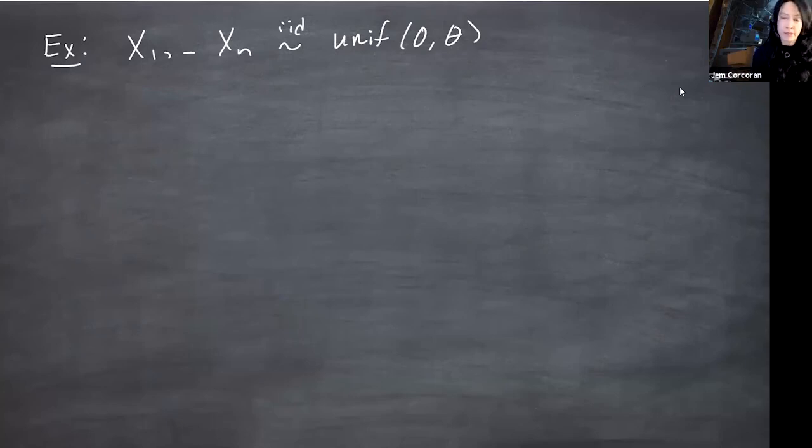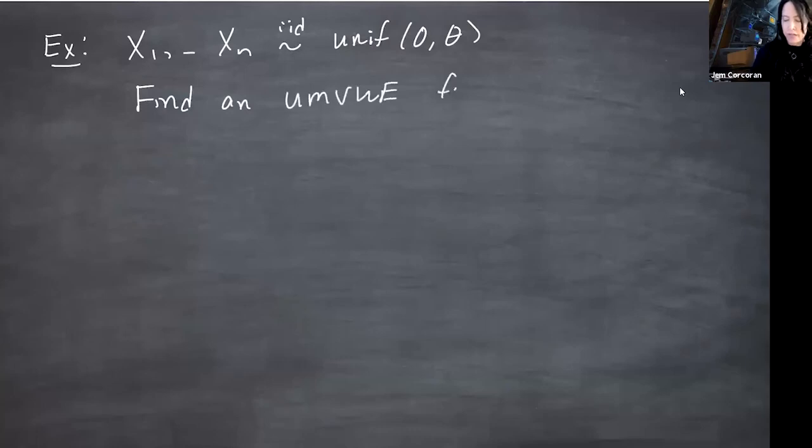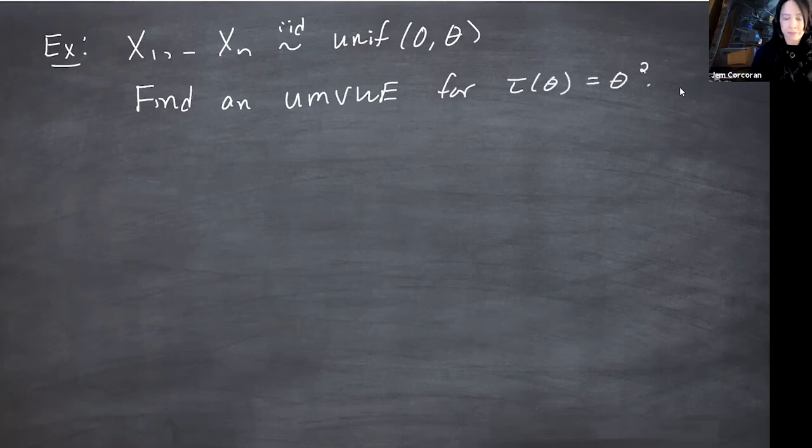Step 1 is to find a complete and sufficient statistic, and step 2 is to find a function of that statistic that is unbiased for what you want. So let's find an UMVU for tau of theta equals theta squared.